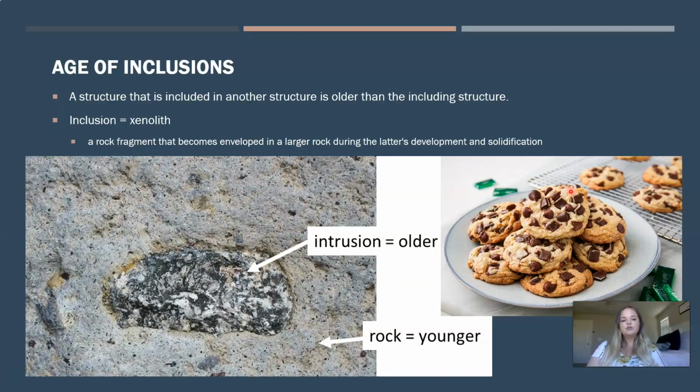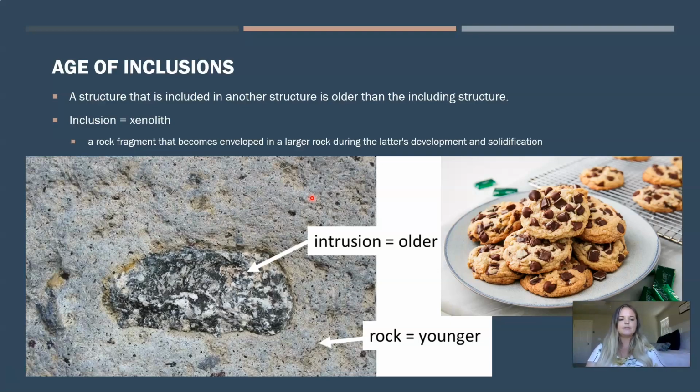The age of inclusions is another good one. If we have something called an inclusion or a xenolith, which is basically a rock fragment that has been enveloped into another rock. So here we have an intrusion piece, and then another rock that kind of engulfed that piece. So as we know, weathering and erosion occurs, and bits and fragments of rocks break off their original rock unit, and they can be incorporated into other rocks as those form.